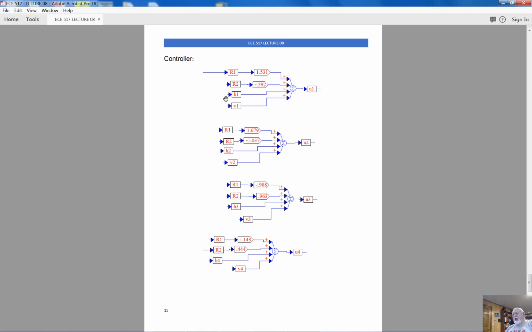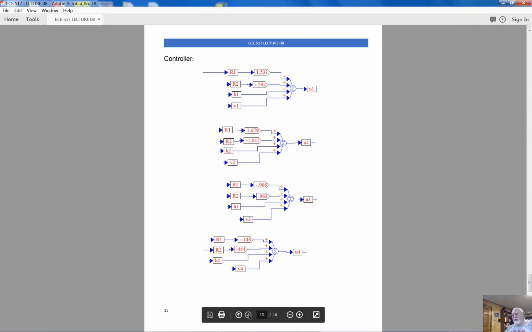And then I am adding the variable h1 and variable v1 that represent the appropriate components of the state variable feedback and the appropriate components of the reference model, the matrix Km multiplied by the state vector of the reference model. This is the control law.